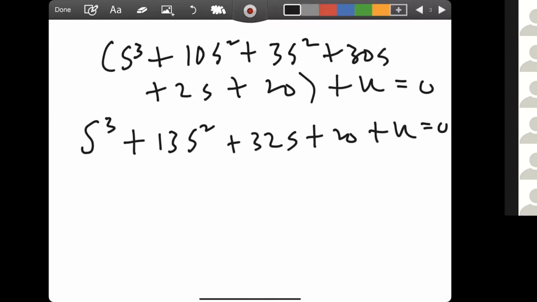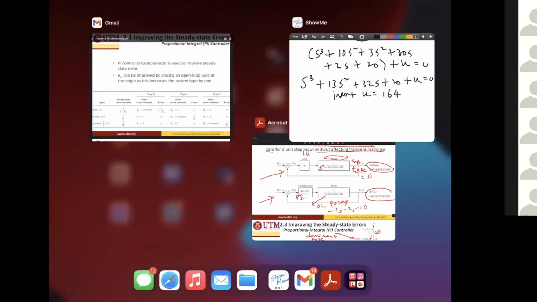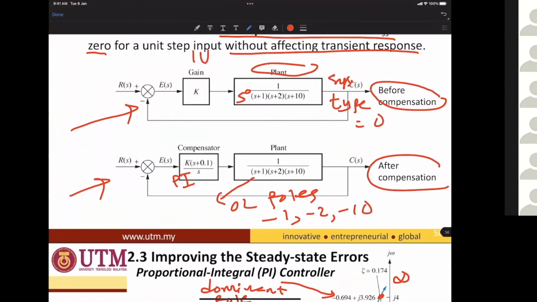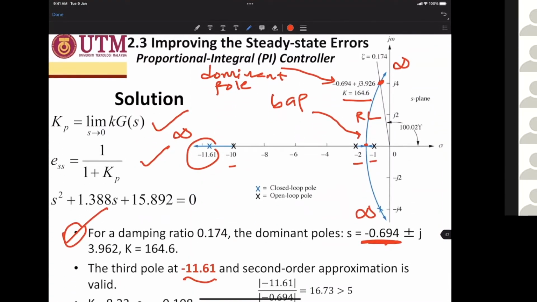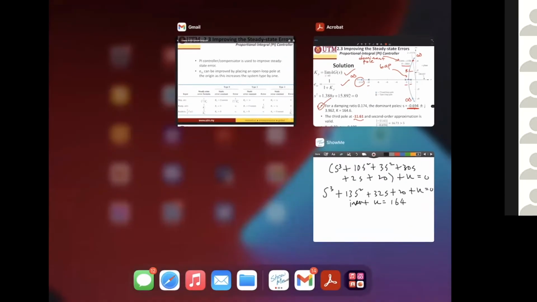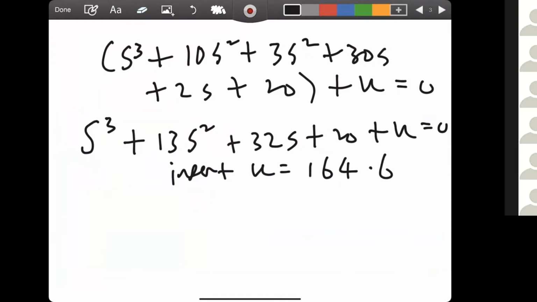Okay. So insert lah K tu. K sama dengan 164.6 tadi. Okay. Insert dalam.